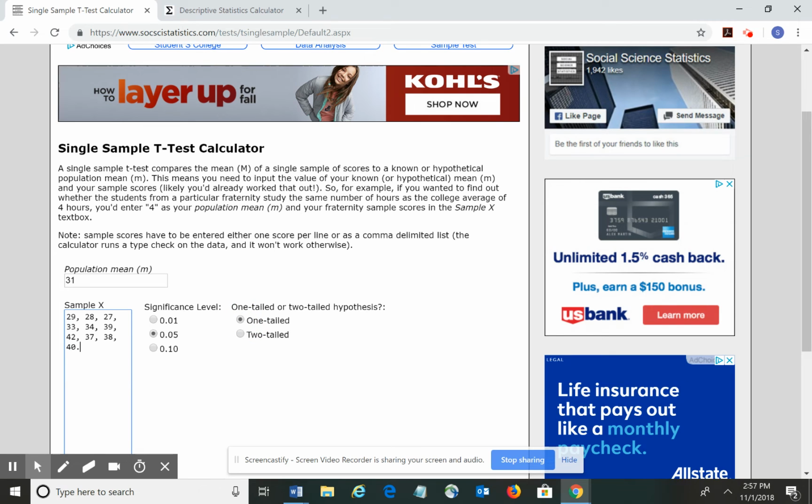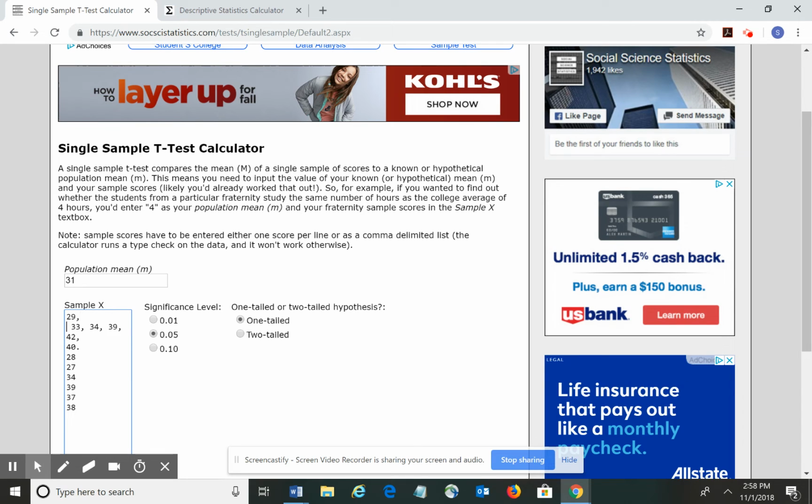Now, we have to enter the data going down, so I have it listed in an improper way. Let me see if I can fix it here a little bit. It's taking me just a minute, so hang on.